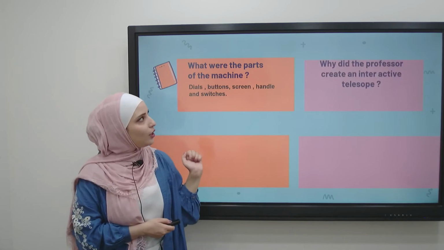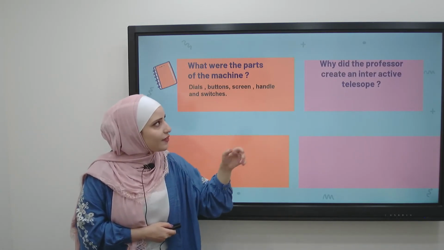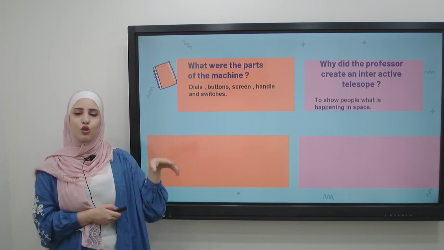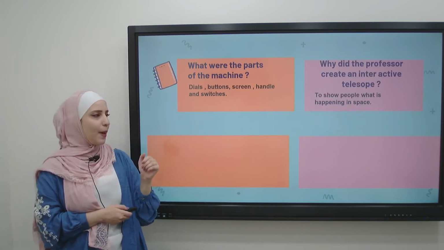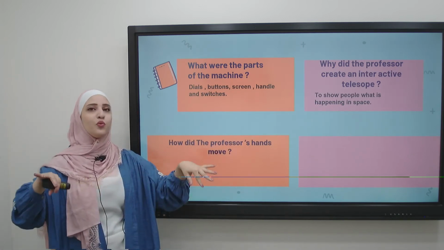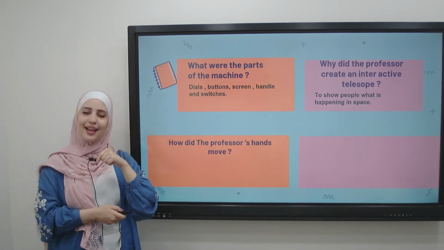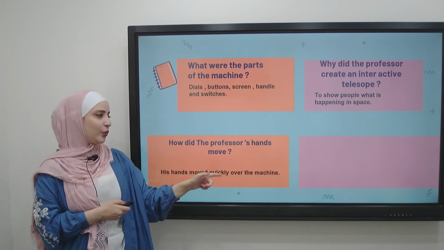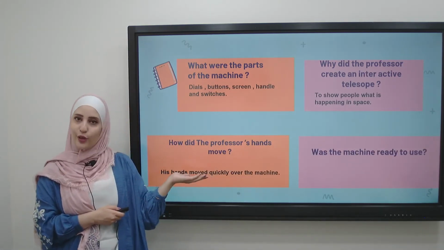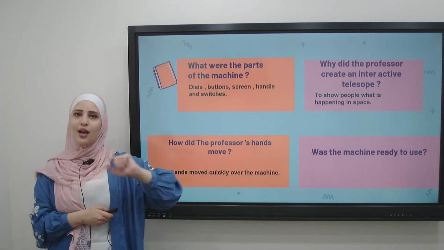Why did the professor create an interactive telescope? To show us what's happening in space. How did the professor's hands move? Excellent! His hands moved quickly over the machine. Was the machine ready to use? Yes, it was. Here we go.